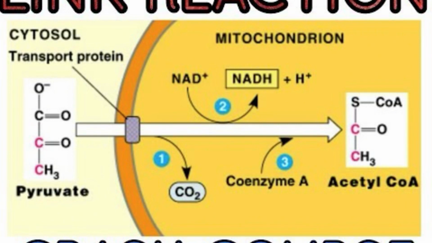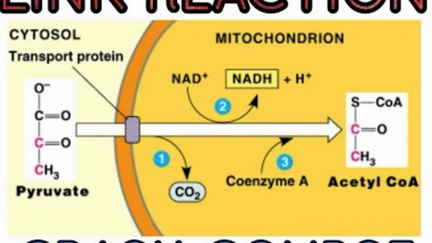So to sum up, pyruvate enters the mitochondria and undergoes decarboxylation, which results in the removal of carbon dioxide, and undergoes dehydrogenation, which results in the formation of NADH, and this results in the formation of an acetyl group, which gets further added on by the coenzyme A and results in the formation of acetyl CoA, which is the necessary entrant substrate for Krebs cycle.